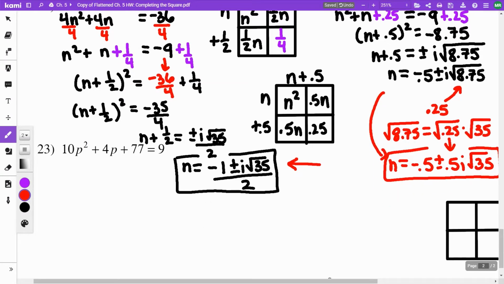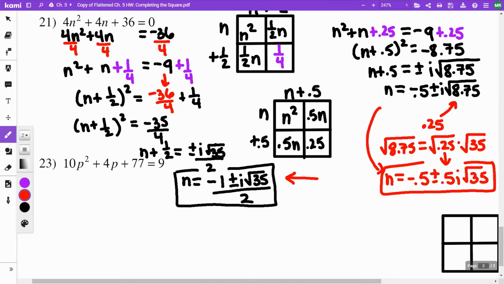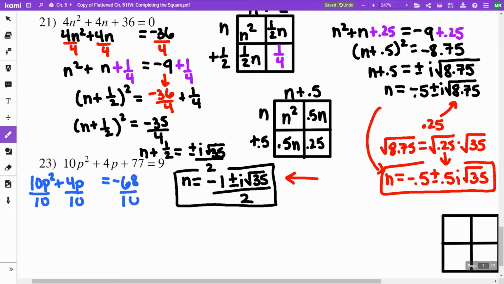On 23, let me do it in blue since I've got writing all over this. I am going to have 10p squared plus 5p. I am going to subtract 77 to the other side, and I'm going to get negative 68. I don't want that 10 there, so I'm going to divide by 10, divide by 10, divide by 10.